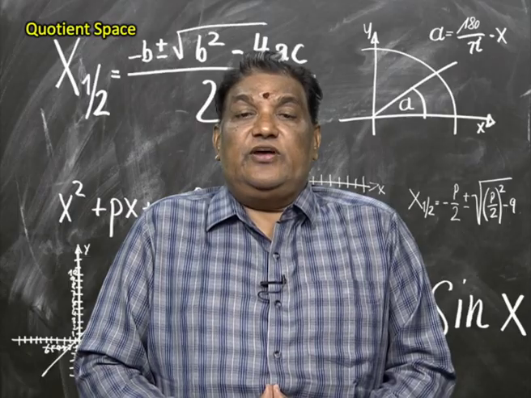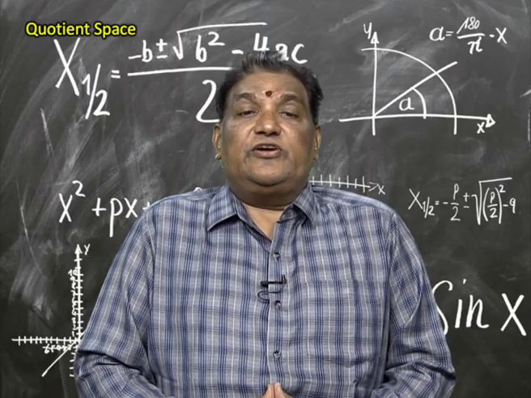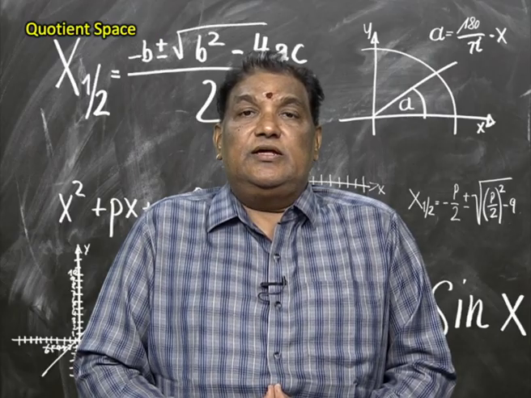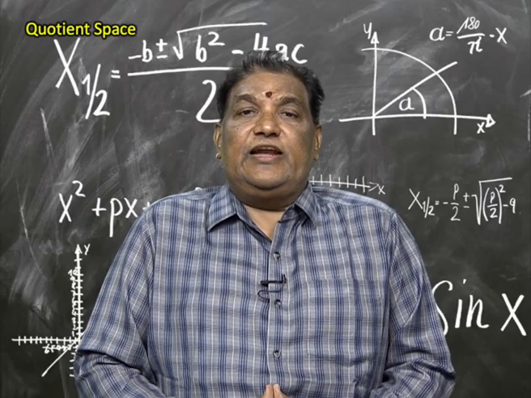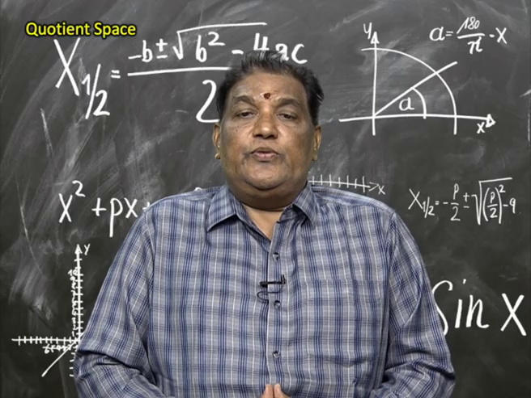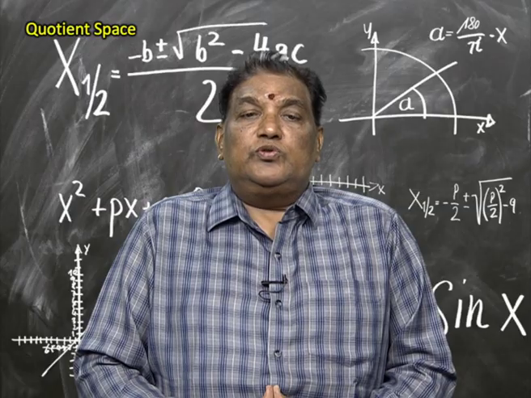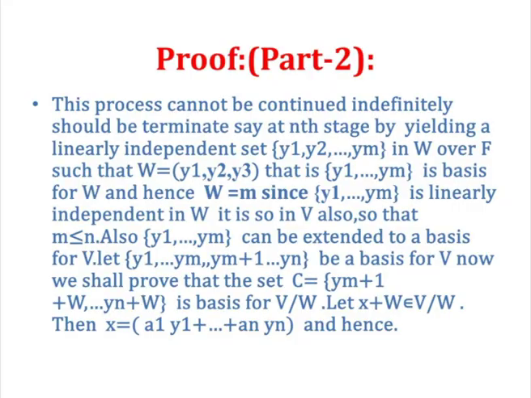That is, y1, y2, ..., ym is a basis for W, and hence dimension of W equals m, since y1, ..., ym is linearly independent in W. It is so in V also, so that m is less than or equal to n. Also y1, ..., ym can be extended to a basis for V.